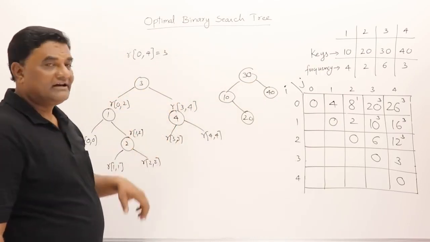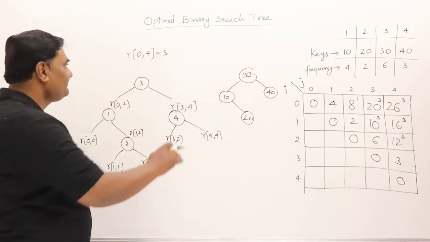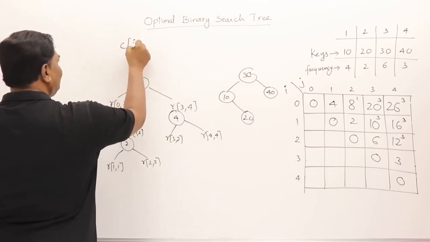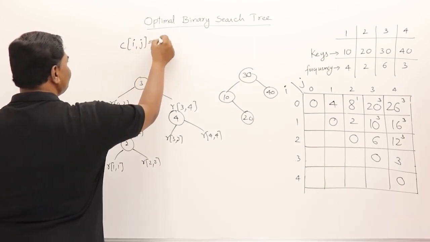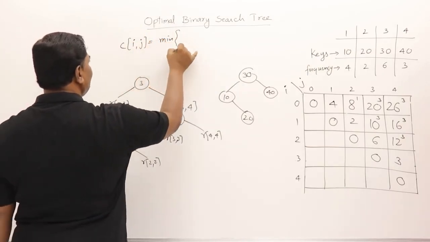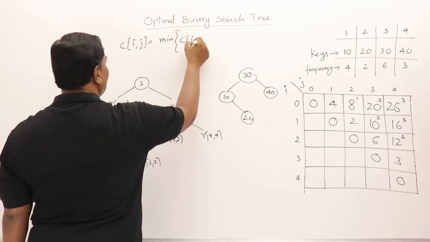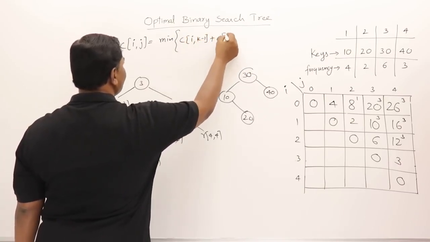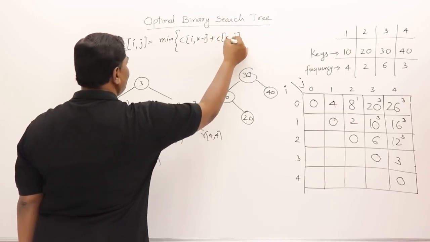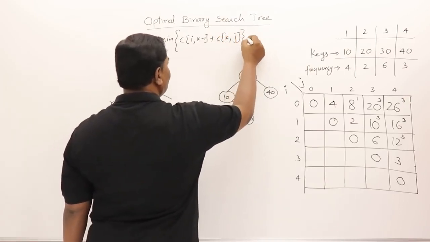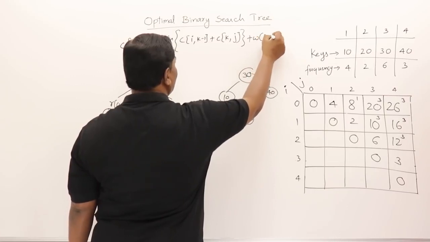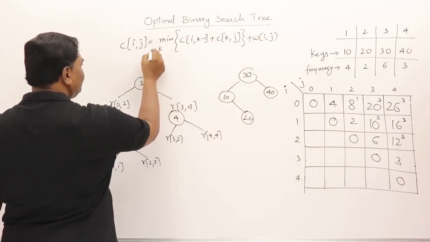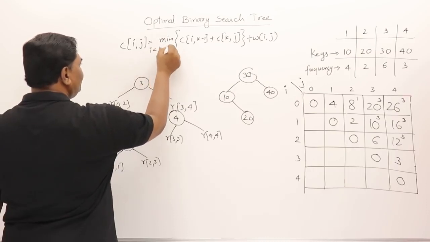Now finally, I will write down the formula that I was using. Cost of i comma j is equal to the minimum of cost of i comma k minus 1 plus cost of k to j plus weight of i comma j, where k takes values greater than i and less than or equal to j.